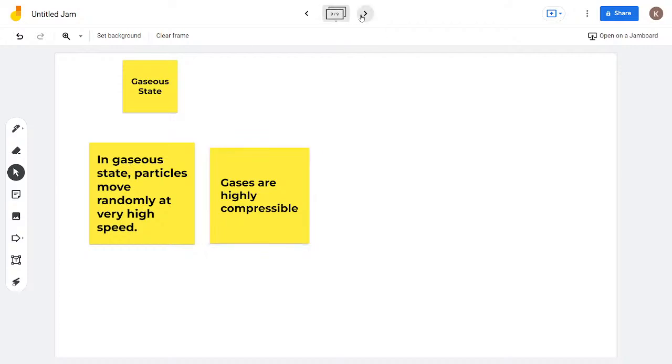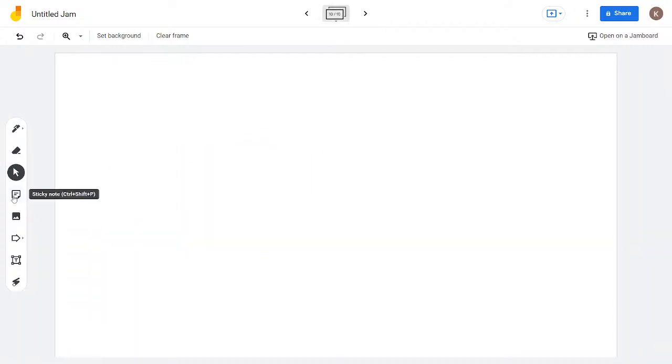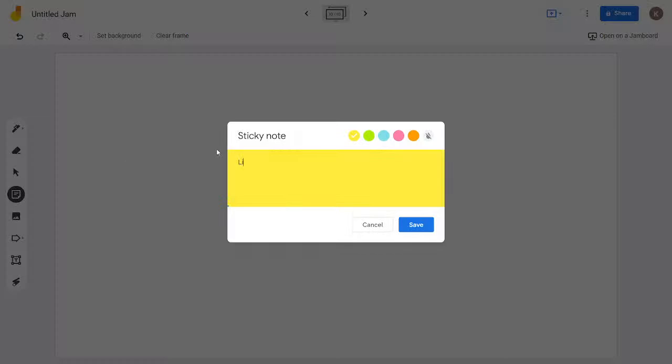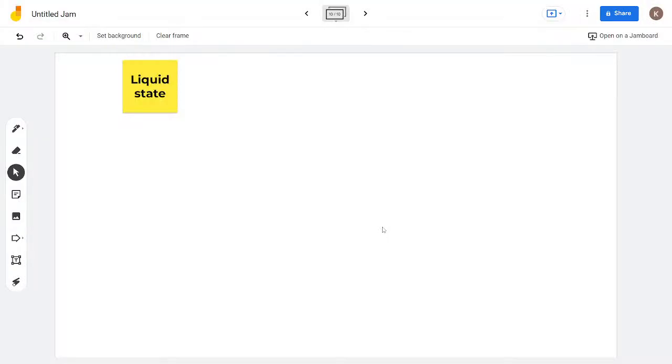Let's talk about the liquid state. So what do you think about this liquid state?